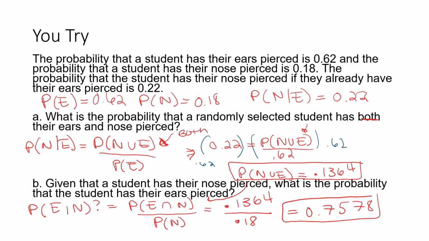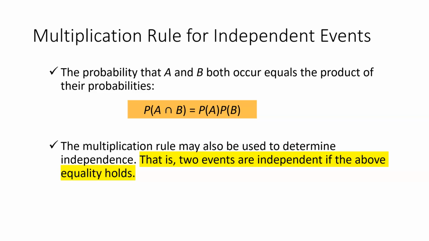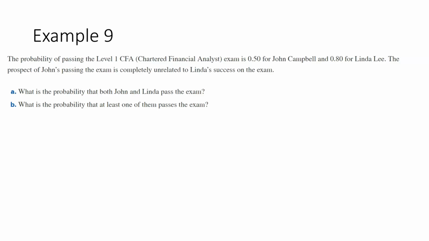There you go. So now when we're dealing with independent events, things that are independent, when we're looking for the intersection, we can actually just multiply the product of the probabilities. So the probability of passing this exam is 0.5 for John and 0.8 for Linda. The prospect of John passing is completely unrelated, independent, to Linda's.